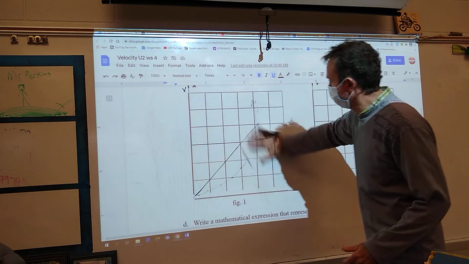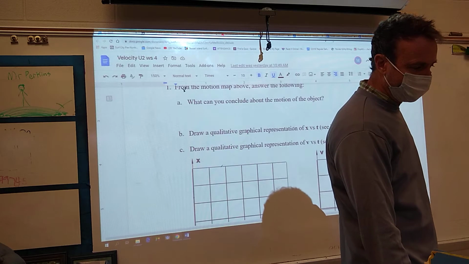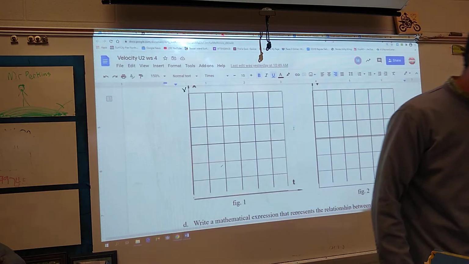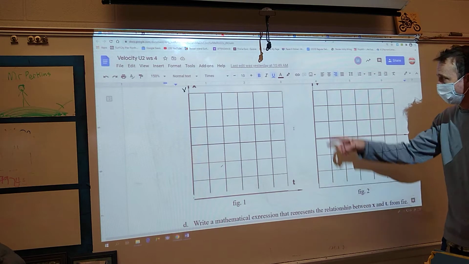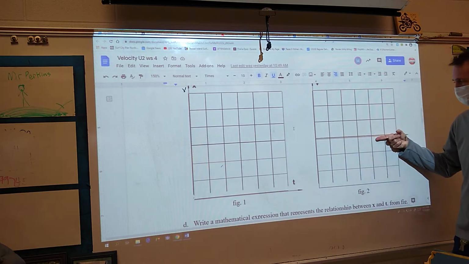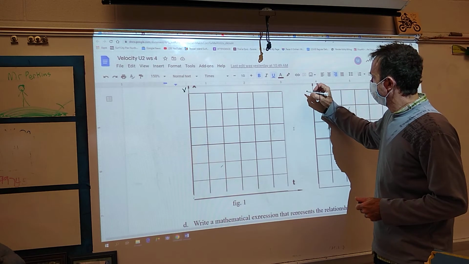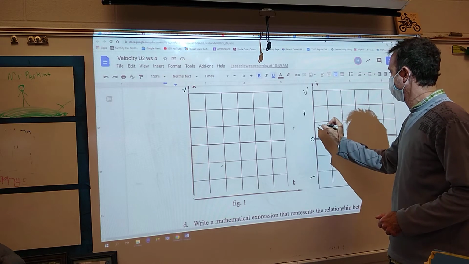And let's see, what was the next question? I wish I had a marker that was working better. That's my fault. Draw a qualitative graph of V over T. Okay, excellent. So you can't see as much on the video, but I'm sure they can see at home. This line in the middle is bold. If this is V, this line in the middle is 0, down here is negative, down here is positive.